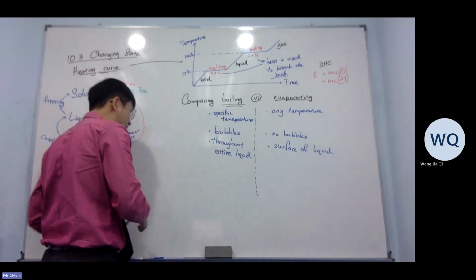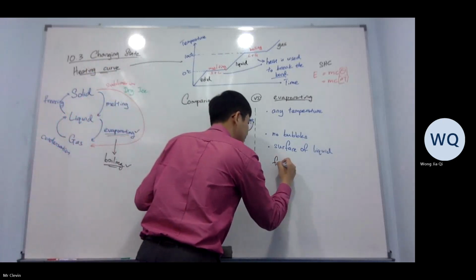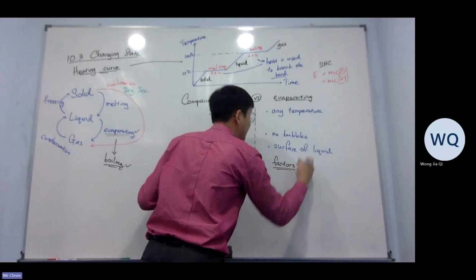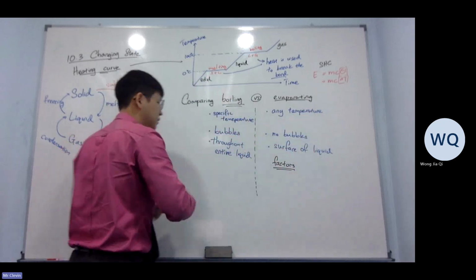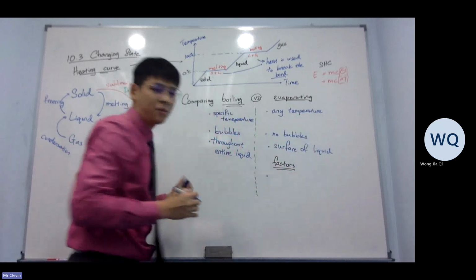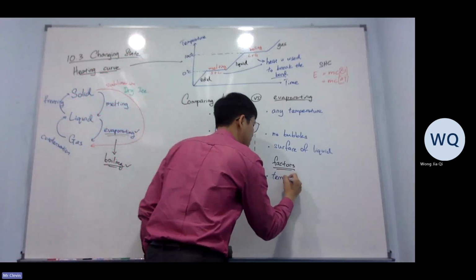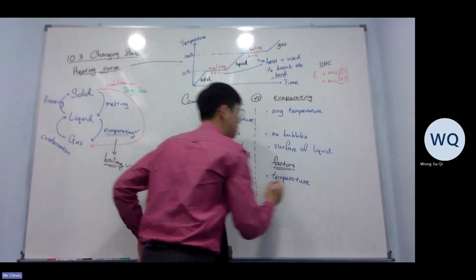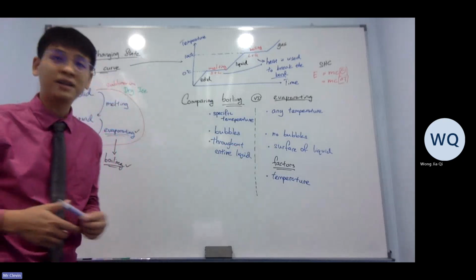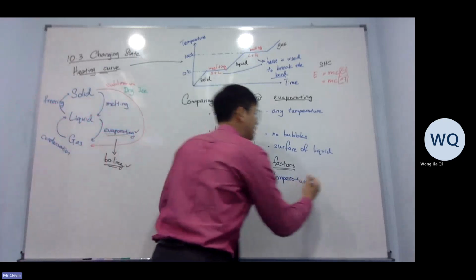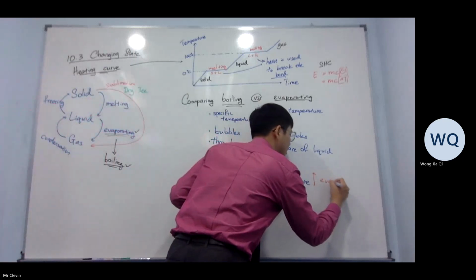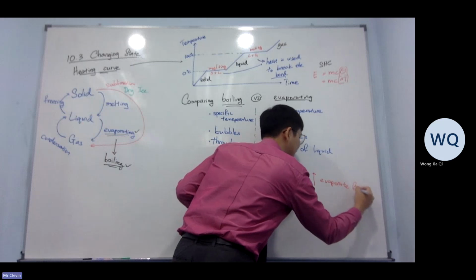Then the next thing is the factors that affect evaporating. So there will be a few factors. Number one, we can say that it is temperature. Temperature, of course, will affect the rate of evaporating. So basically, when temperature increases, it evaporates faster.